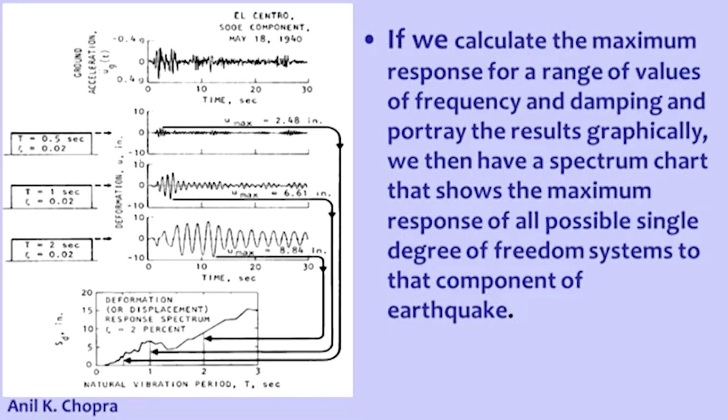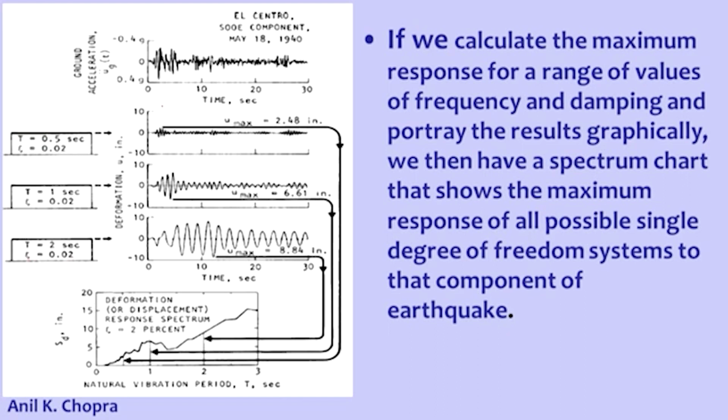The response quantity can be either displacement, velocity, or acceleration. Now if you look at this one, it has three structures. The first has a natural period of 0.5 seconds and damping 2%, the second has a natural period of 1 second and damping again 2%, and the third has a natural period of 2 seconds and damping also 2%.